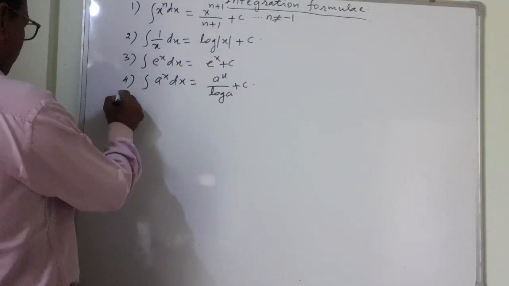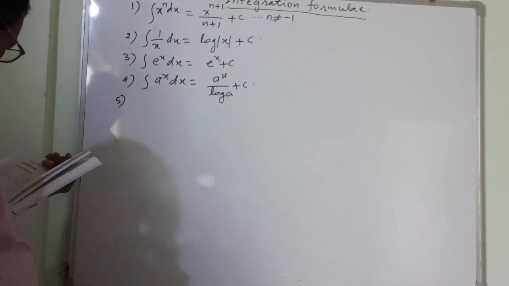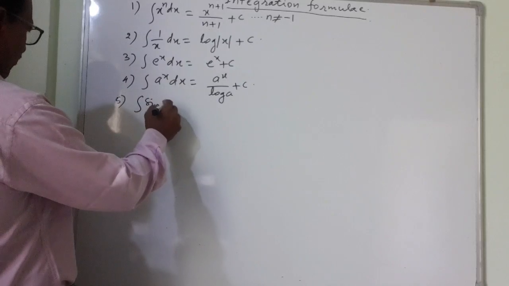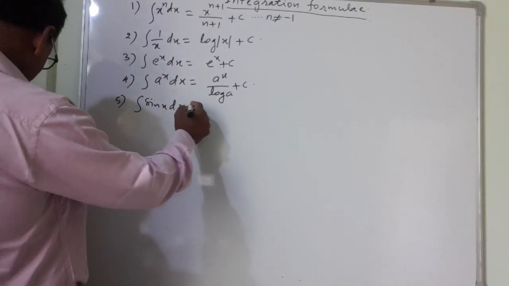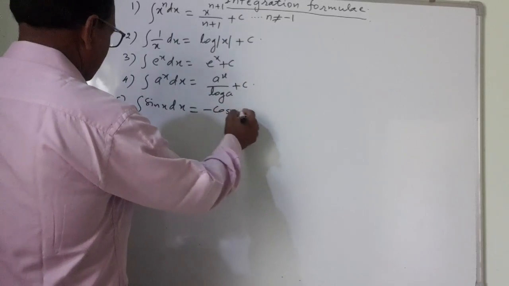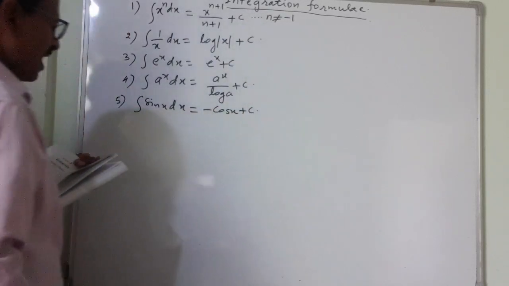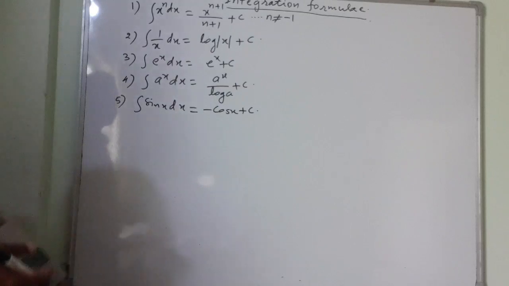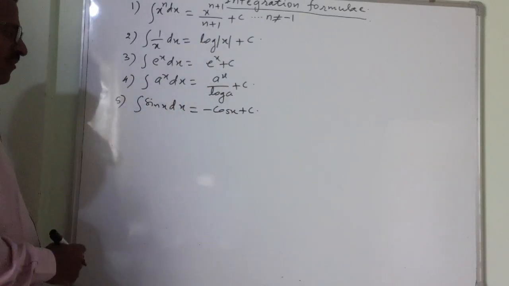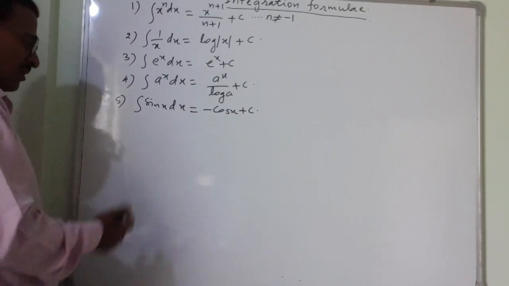So number 5: integration of sin x is equal to minus cos x plus c. How has it come? Of what is the derivative sine?